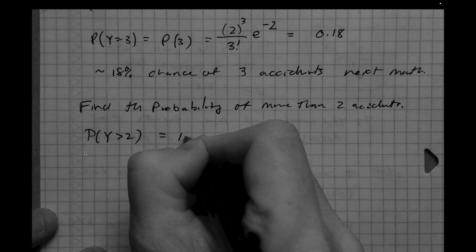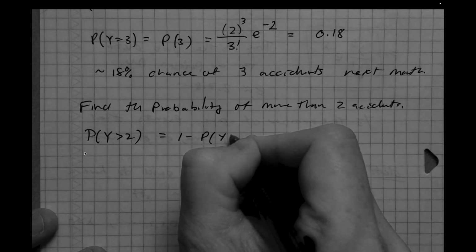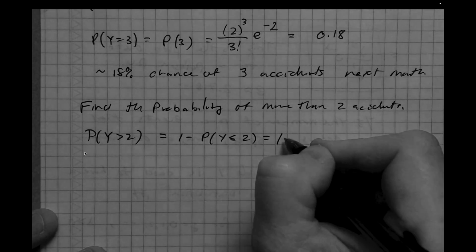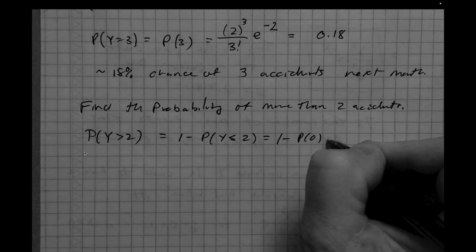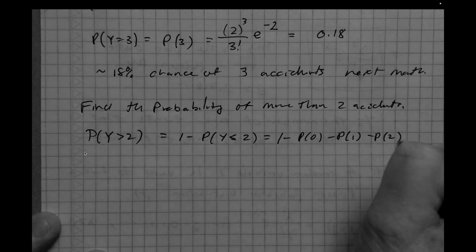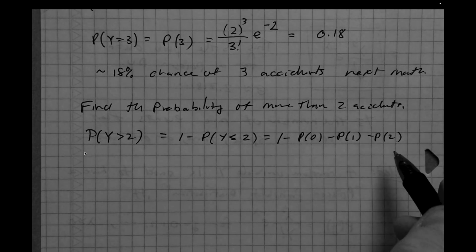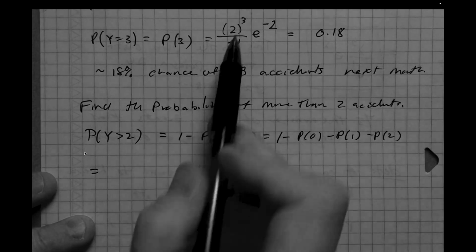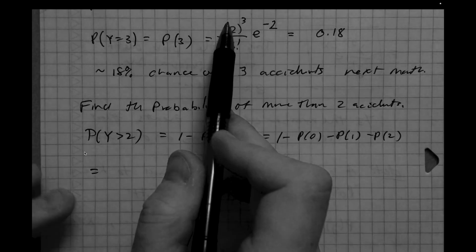Well, that's equal to 1 minus the probability that y is less than or equal to 2, which we know is just 1 minus the probability of 0 minus the probability of 1 minus the probability of 2. And we can calculate each of these, using the same distribution, just different values of y.